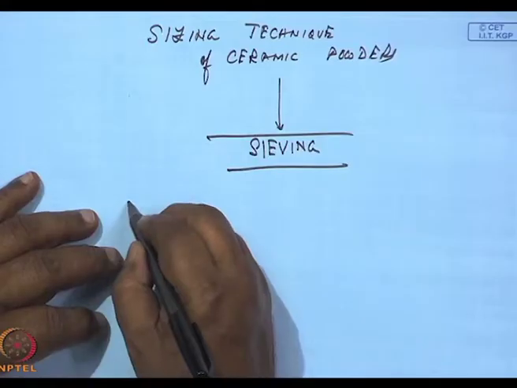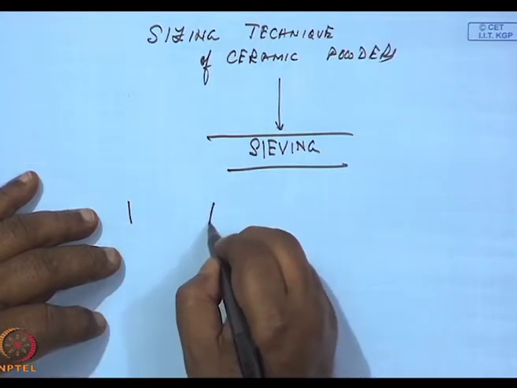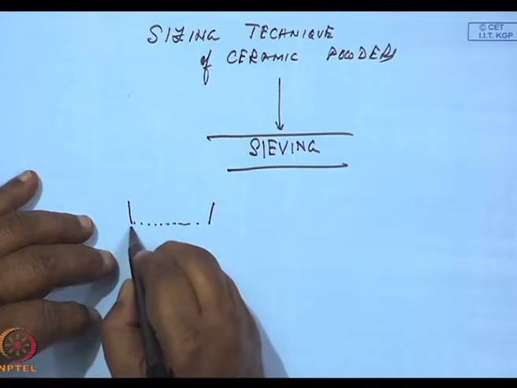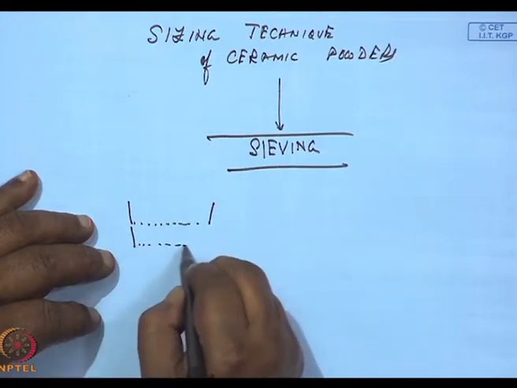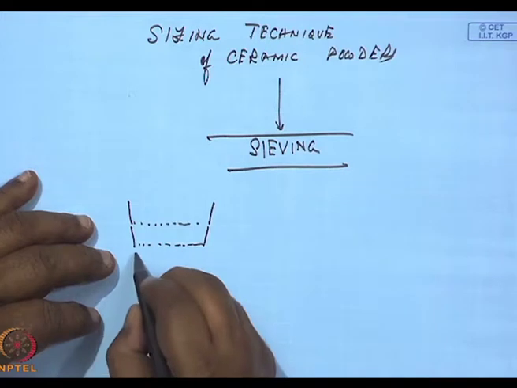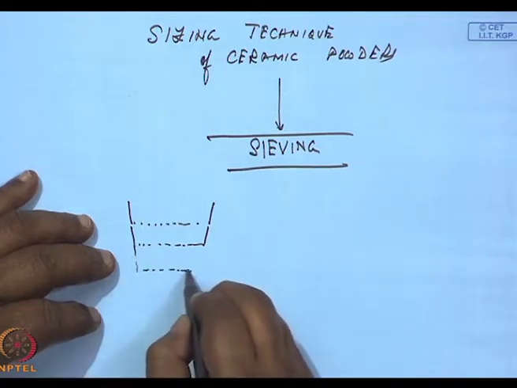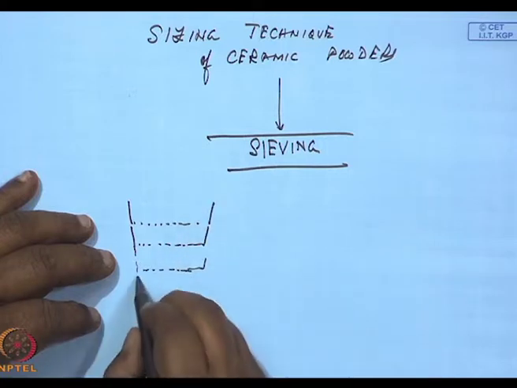In ceramics, what we do is, we have multiple sieves sitting on top of each other. Each of these sieves is detachable, by the way.